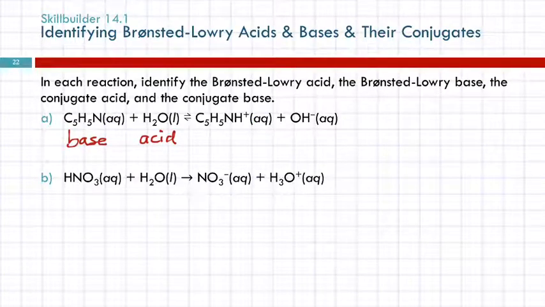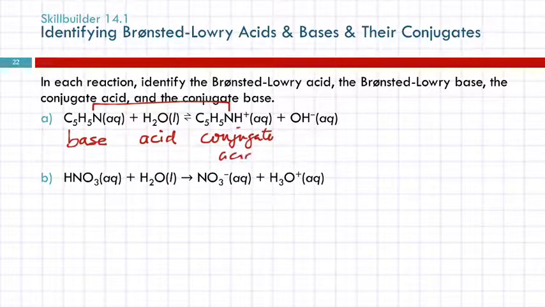Hopefully you can see that this C5H5N became this. If this is a base, then this is the conjugate acid. H2O and OH minus are related. This is the acid, this is the conjugate base.